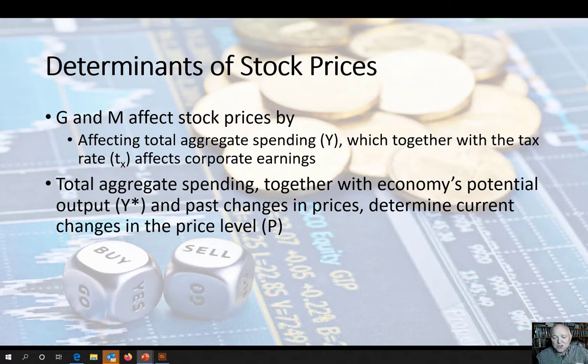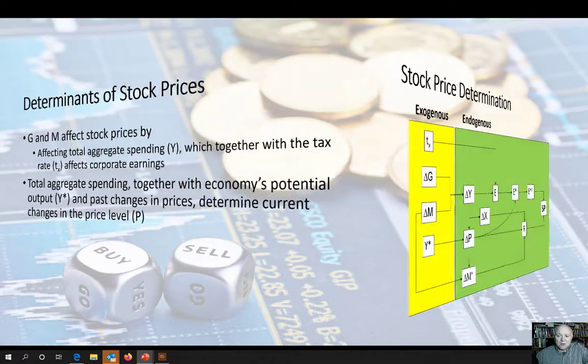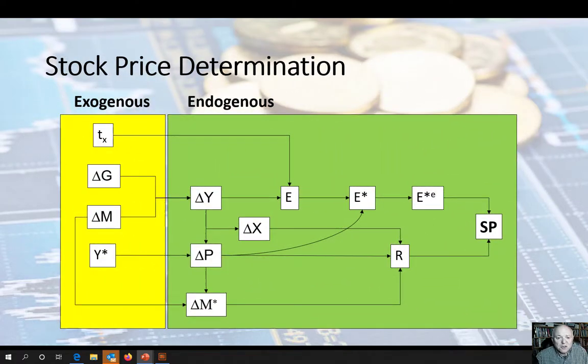The four exogenous variables we've already seen. Their ultimate effect on share price, the most important variable for us, is shown in this model. Now, share price is on the right. The exogenous variables are on the left.